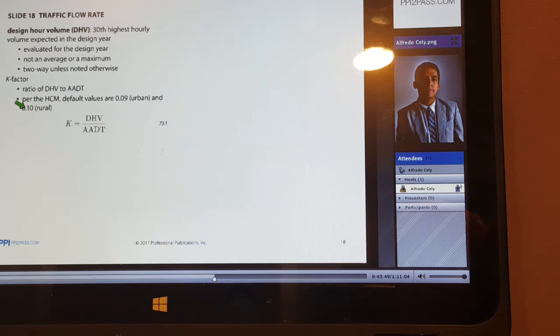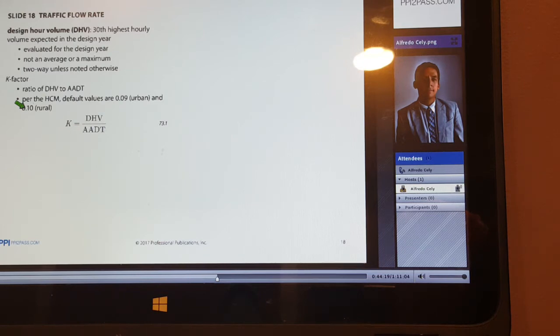Now, the design hourly volume is also nicknamed by traffic engineers as the 30th hour volume. The K factor is the ratio of peak hour traffic to the average annual daily traffic. The design hourly volume is what traffic engineers use to design the roadway. The K factor can be used to estimate what the design hourly volume is based on the average annual daily traffic.